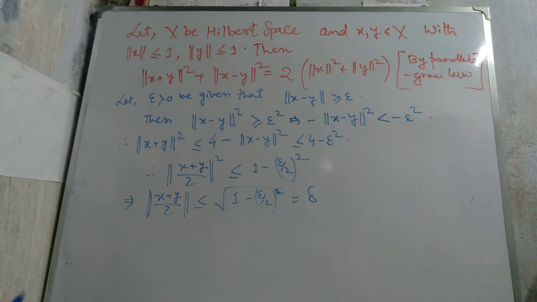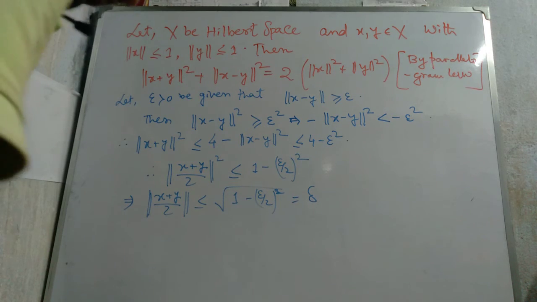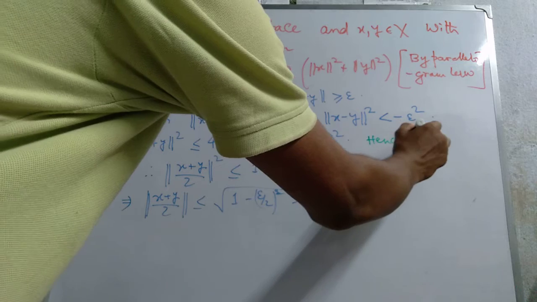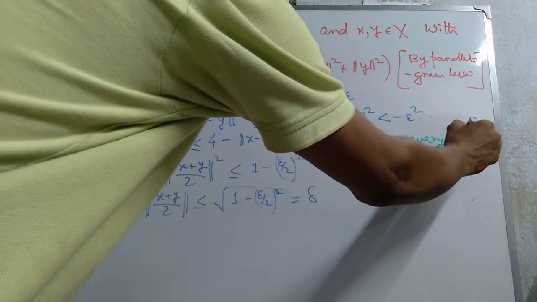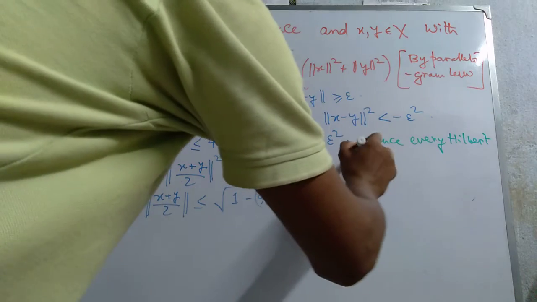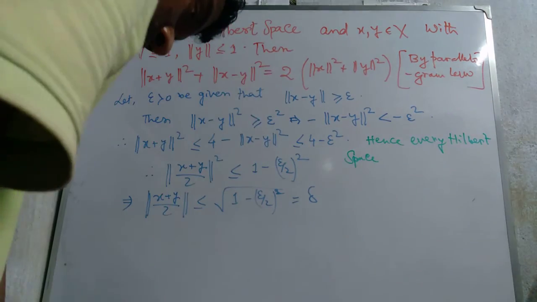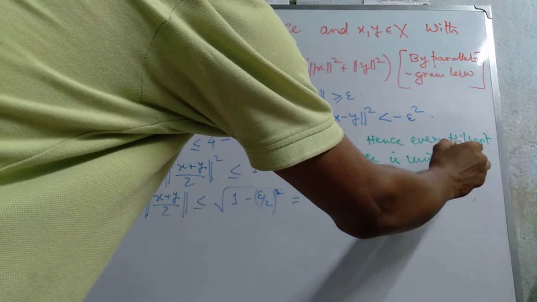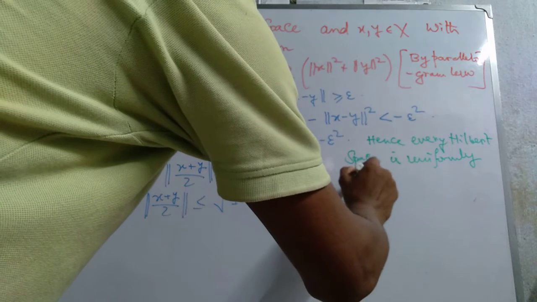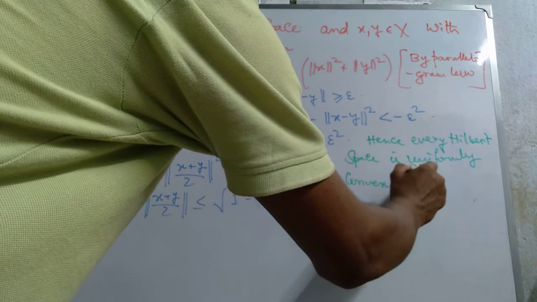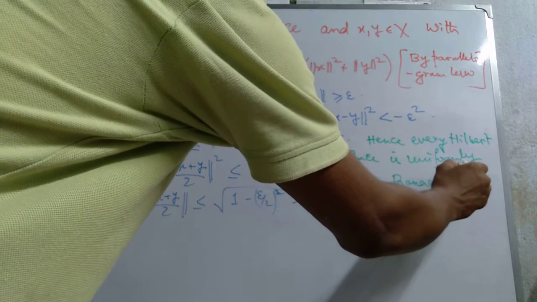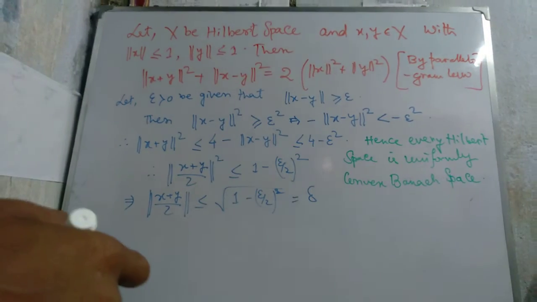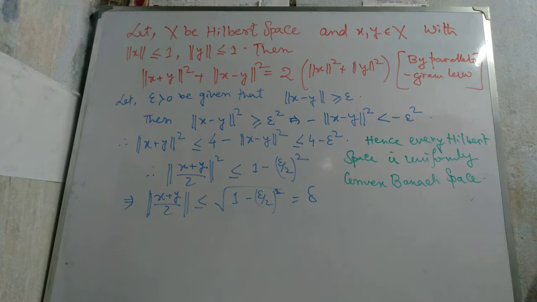Hence, what is the conclusion? Every Hilbert space is a uniformly convex Banach space.